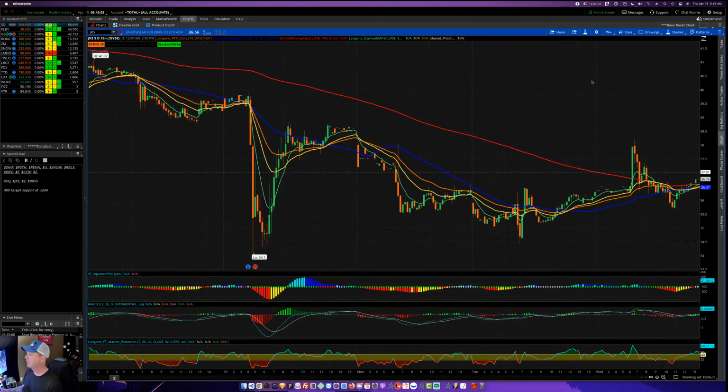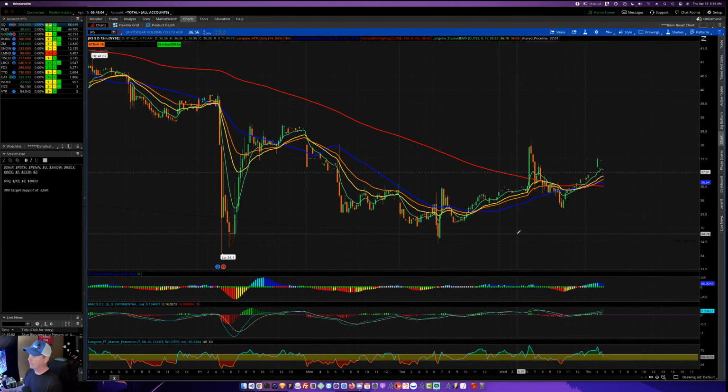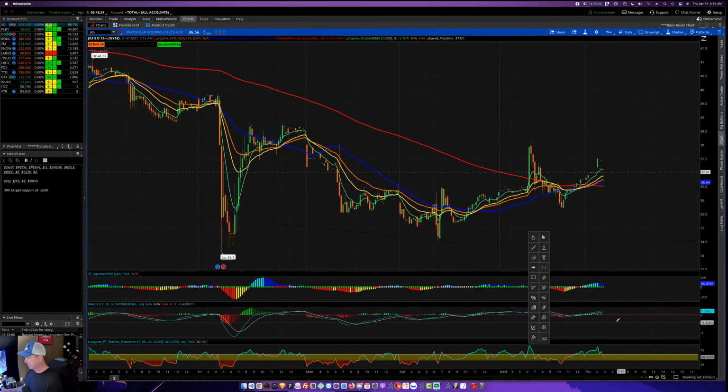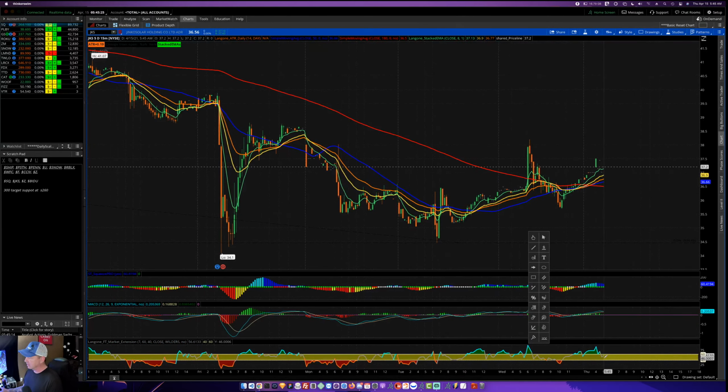Bringing it down even further to more of an intraday, daily, day trade level. Looks like yesterday we popped off, went up and broke 38. We're gapping up this morning. Our moving averages are all stacked positive, value area in market extension, looking for a reversal for the next move upwards.